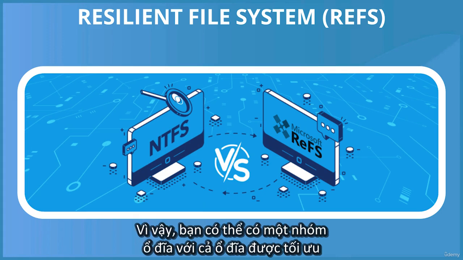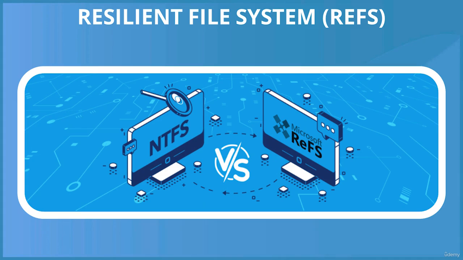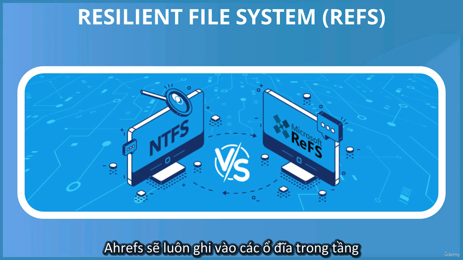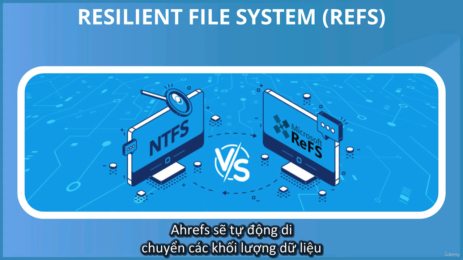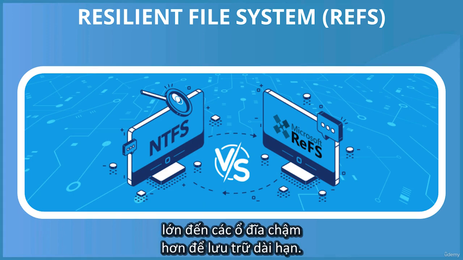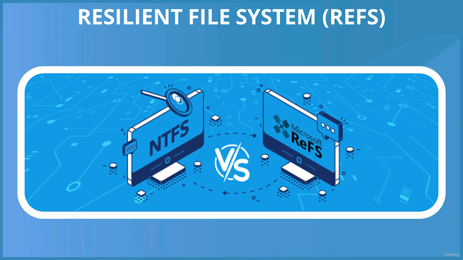So you could have a drive pool with some drives optimized for performance and some drives optimized for capacity. ReFS will always write to the drives in the performance tier, maximizing performance. And then in the background, ReFS will automatically move large chunks of data to the slower drives for long-term storage.